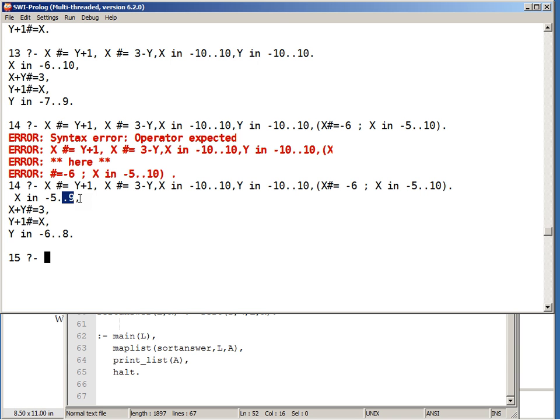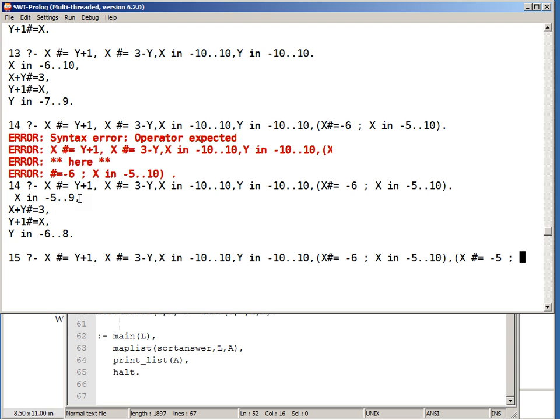So what can we do next? We know that the domain is between minus 5 and 9. What does the system do? We're now trying to simulate what labeling would be doing. x is minus 5 to 9, so we can say x is minus 5, or x has the domain minus 4 to 9.